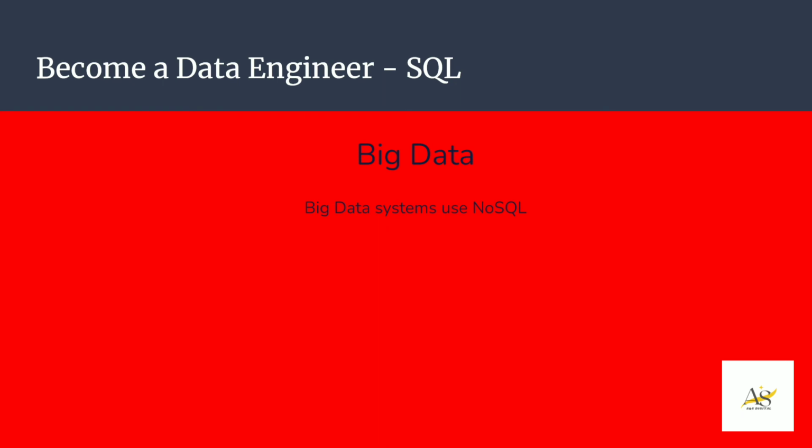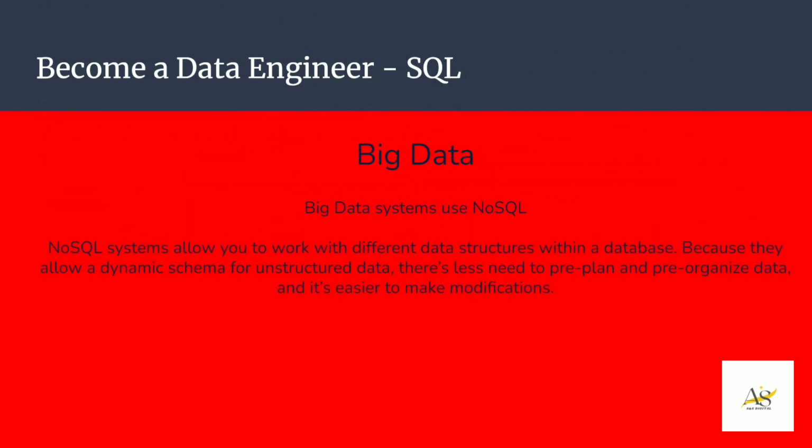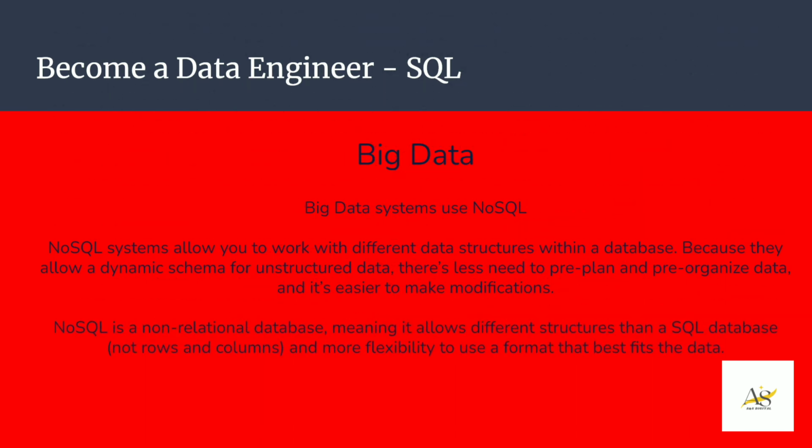So let's also touch upon another concept called big data. Big data systems use NoSQL. So you say, wait, what is this? We discussed SQL, and now you're saying there's NoSQL? NoSQL systems, which is really what big data requires, allow you to work with different data structures. Because they allow a dynamic schema for unstructured data, there's less need to pre-plan and pre-organize data.